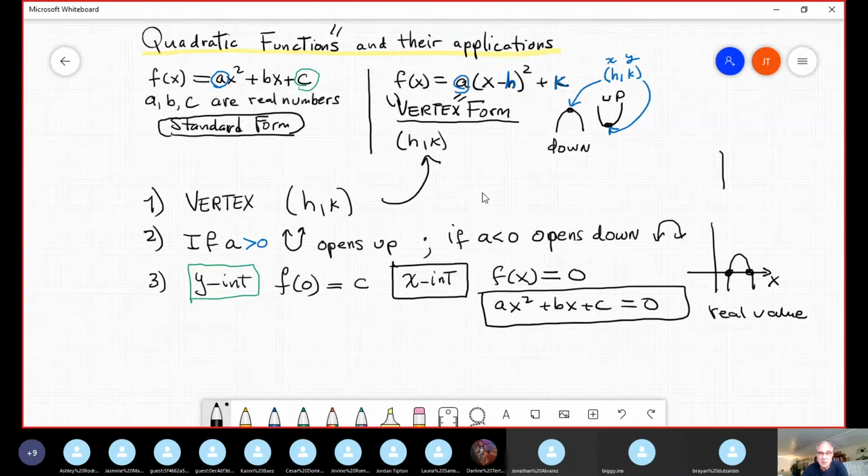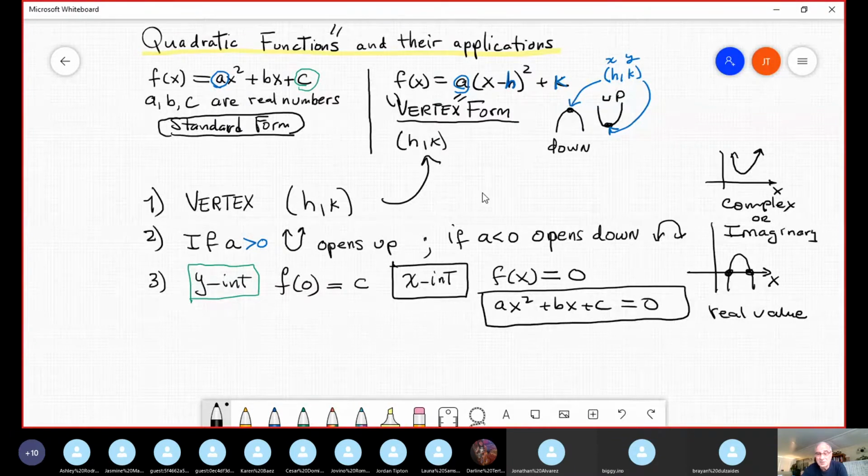Sometimes it happens that a parabola like that can never cross the x-axis. That's because the solution for this quadratic equation is complex or imaginary. It's synonymous, approximately the same.